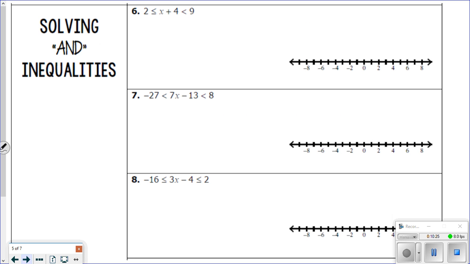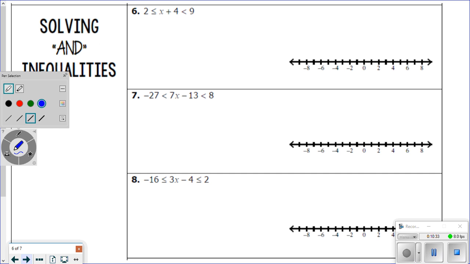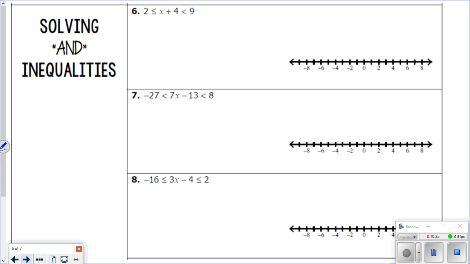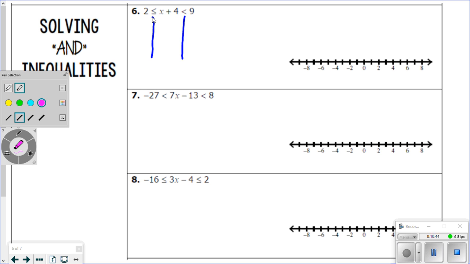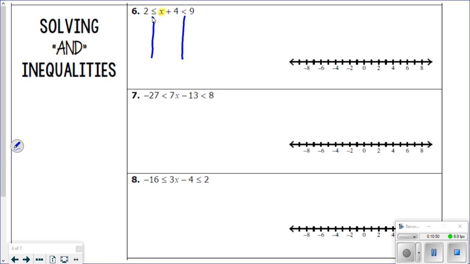All right, let's focus on solving. So in order to solve these, I am going to draw 2 lines down because I have 2 inequality symbols. And if I'm looking, I notice that my x is right here in the middle. So I'm going to work from the middle or from the inside out.